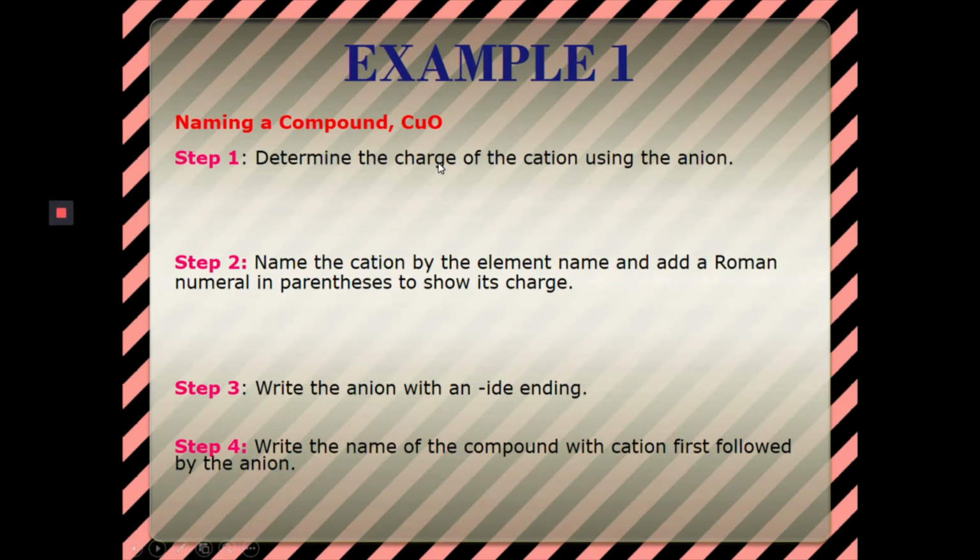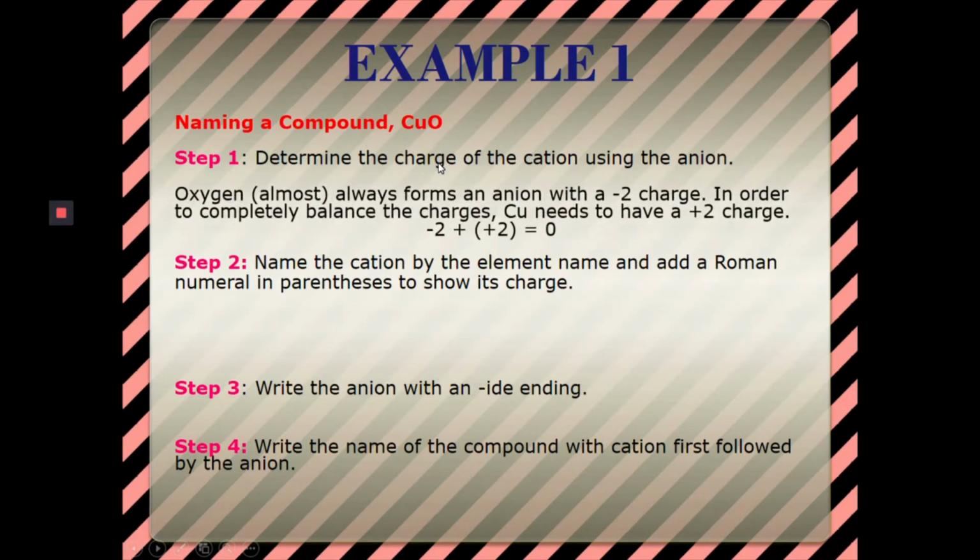Oxygen has a charge of -2. In order to completely balance the charges, copper needs to have a 2 plus charge, so we get a total charge of 0. That means the copper is copper 2.